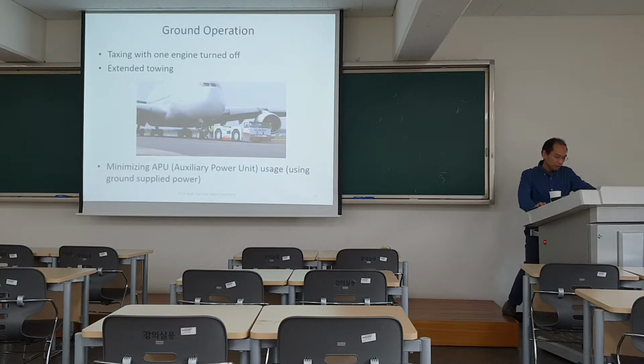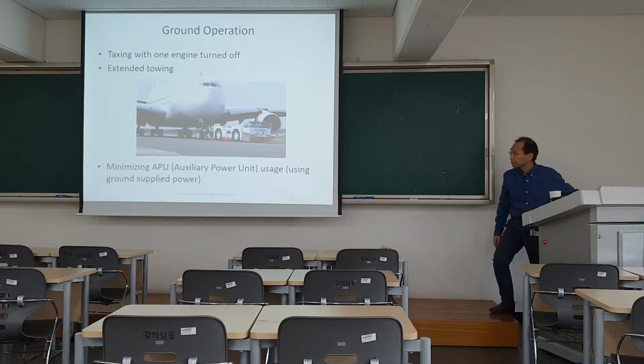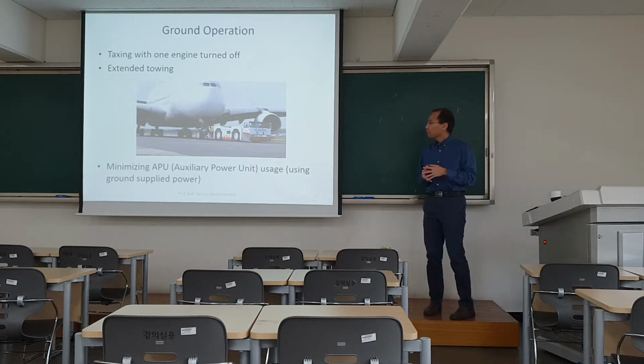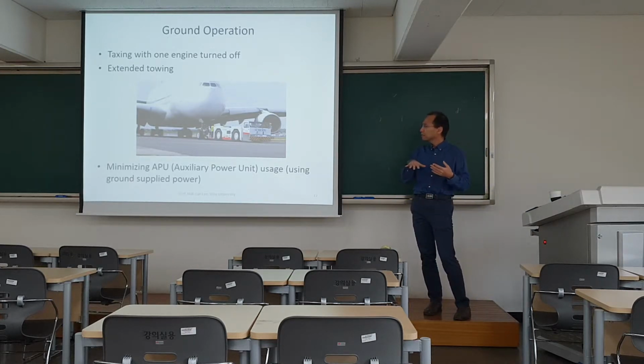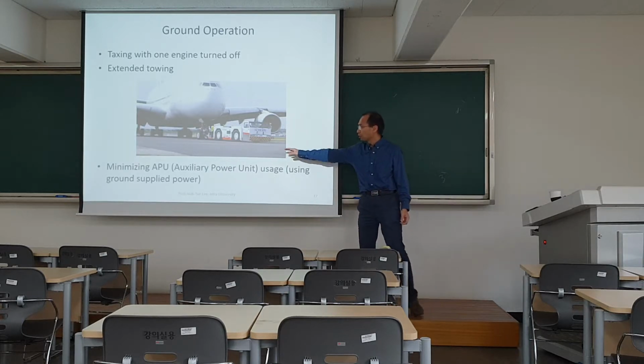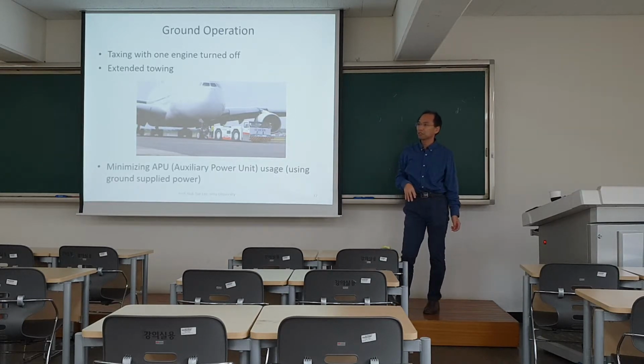So during the ground operation, taxiing with one engine turned off and extended towing and minimizing APU usage. When the aircraft comes down, touches down and lands, if it has multiple engines, it can turn off the other engines and use only one engine, which has enough power to taxi, or use the tow truck as much as possible.